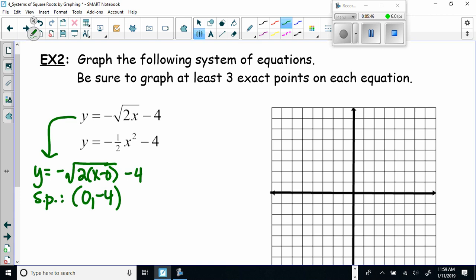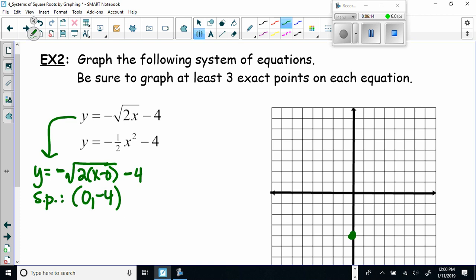Vertical compression. Nope. No, what does this do? It's a vertical reflection, and then the -4 is down 4. Okay. You guys good with that? We have to be able to do that come Tuesday. All right, so I'm going to mark my starting point 0, -4, 1, 2, 3, 4.